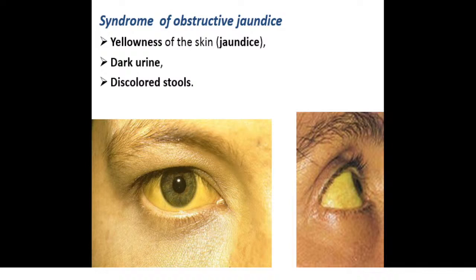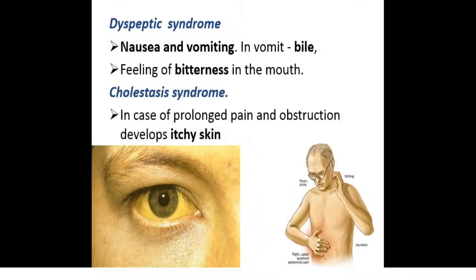In this patient there may be a syndrome of obstructive jaundice, and we can see yellowness of the skin, dark urine, and discolored feces. And also this patient may have dyspeptic syndrome. It is nausea and vomiting. In the vomit there may be bile, with a feeling of bitterness in the mouth.